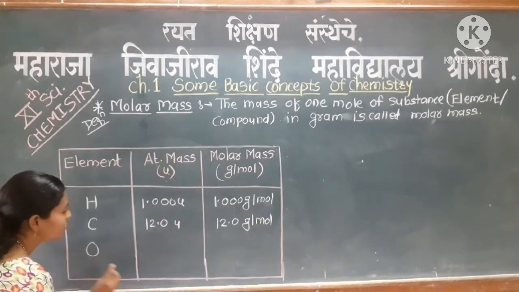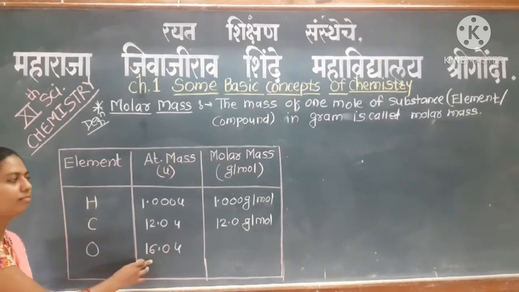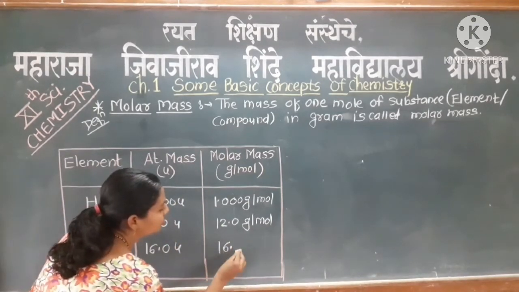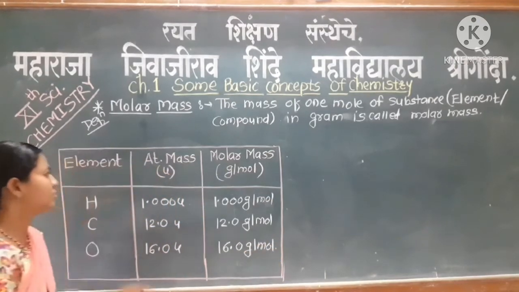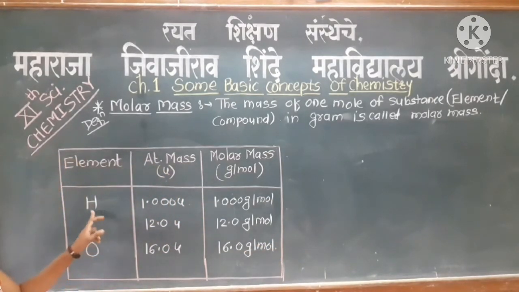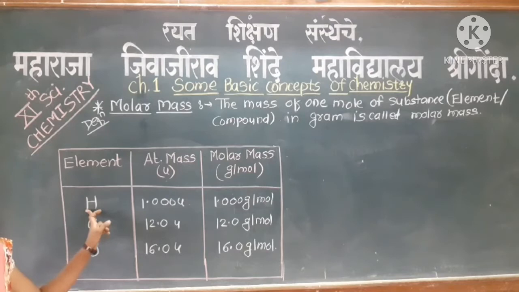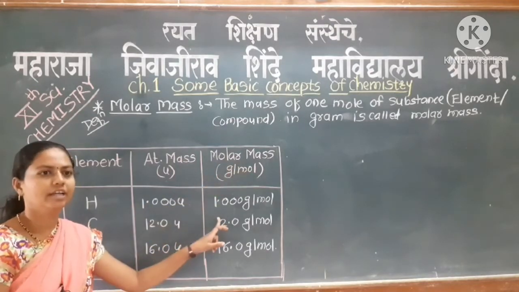If we take oxygen, oxygen has atomic mass 16 unified. Its molar mass is also 16 gram per mole. That is, the mass of 1 mole in gram is exactly equal to the molar mass of that element.